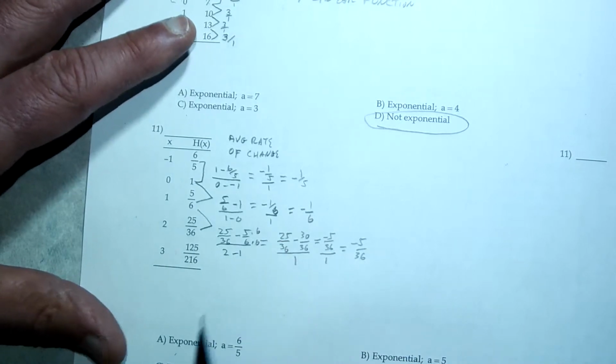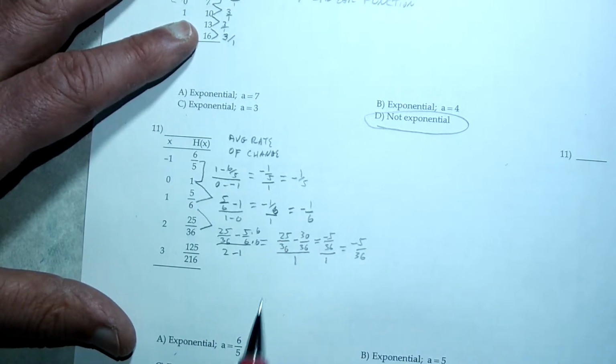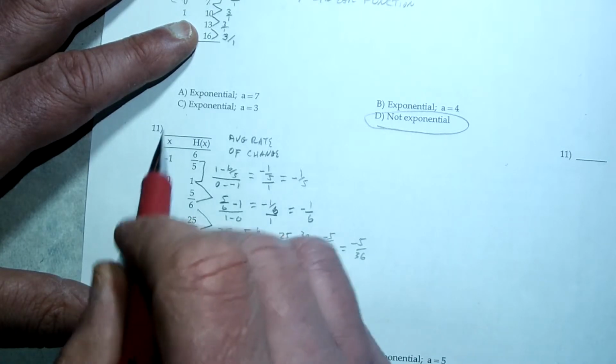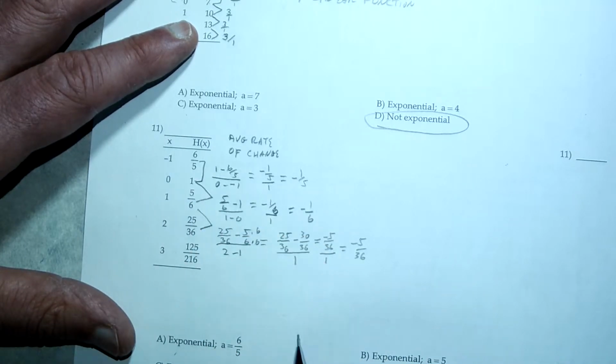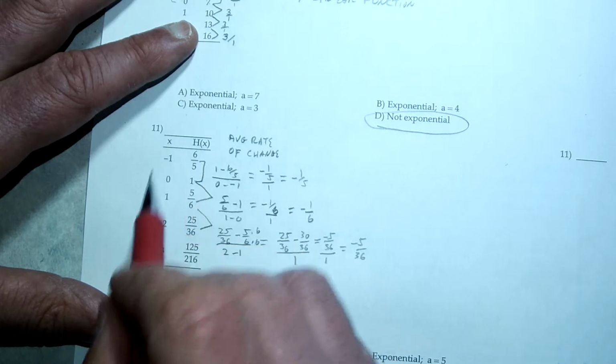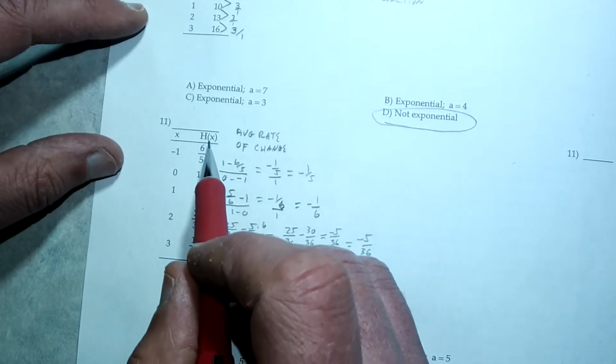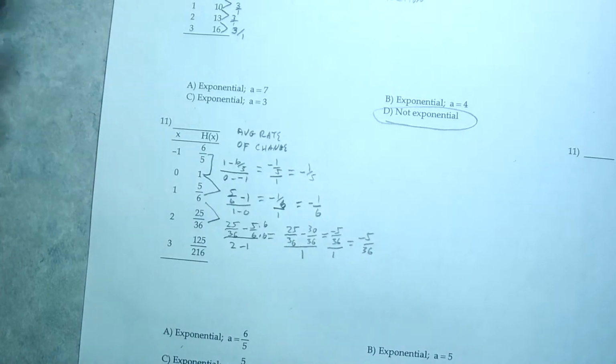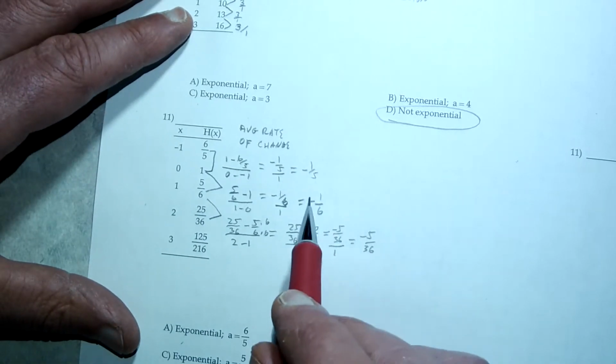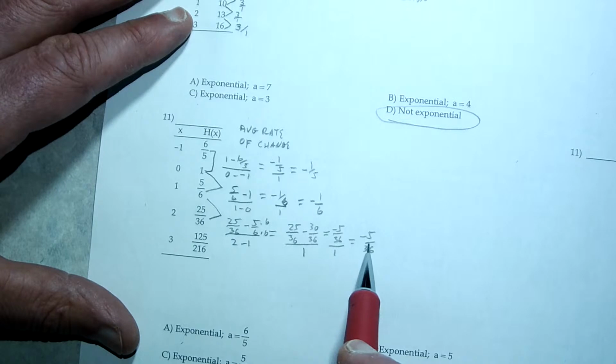Let's go ahead and take a look at why we know that this particular function, coming from this particular set of ordered pairs, is an exponential function called h of x. Well, while our average rate of change was not constant, we do have a situation that is constant.